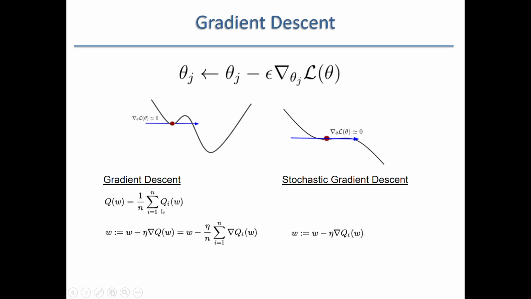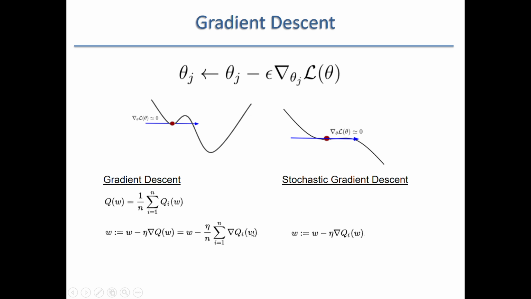So we want to update the weights of the network using the current weights minus some learning rate and the gradient of Q with respect to all weights at the same time. This is a vector notation to do that, and that goes down to summing over all pairs the gradient of the error in that pair with respect to the weights.